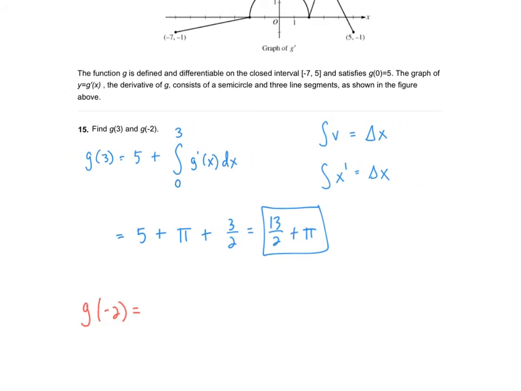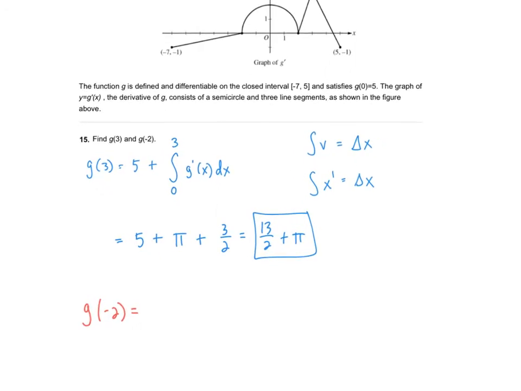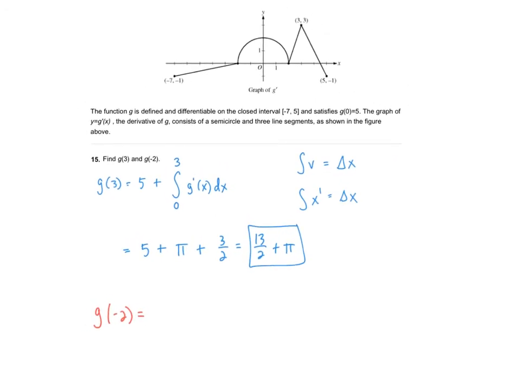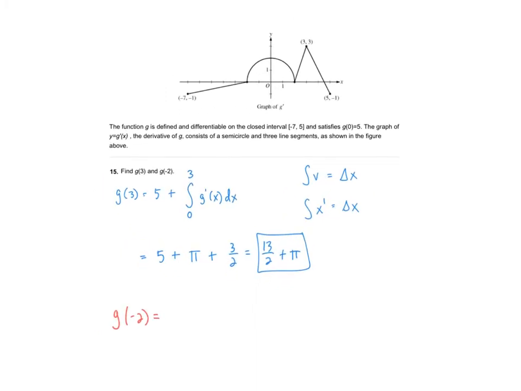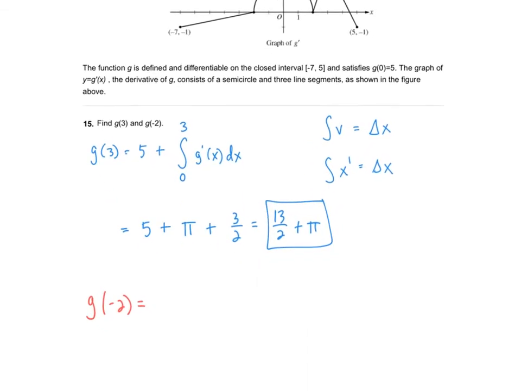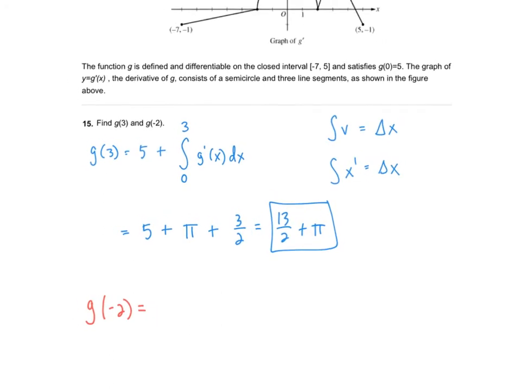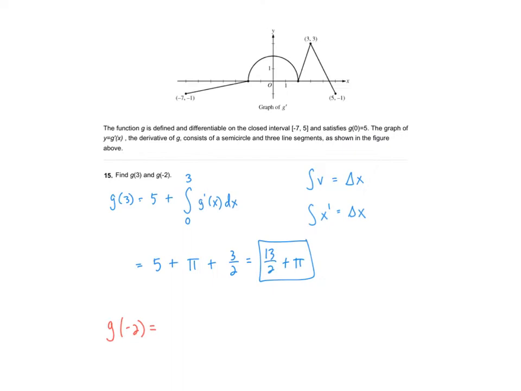All right, so for the next one, g of -2, we'll start off the same way. Do you notice, if we want g at -2, g of 0 is 5.